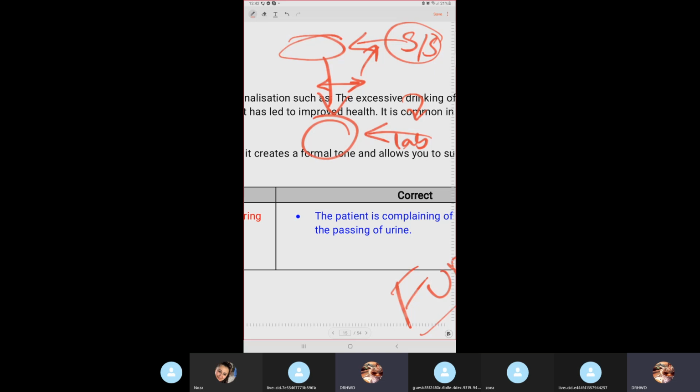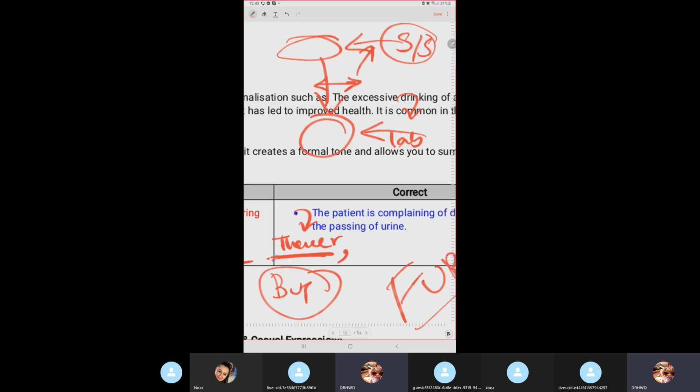All the connectors that you use, you would be using at the beginning of your sentence, for example "therefore", not in the middle. You can do this, but I wouldn't recommend it. So therefore, however, meanwhile go at the start of the sentence. "But" is a connector that you can use, but not at the start of the sentence; you can use it in the middle.